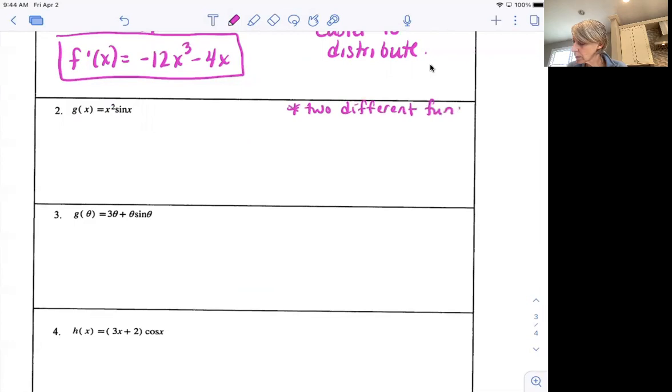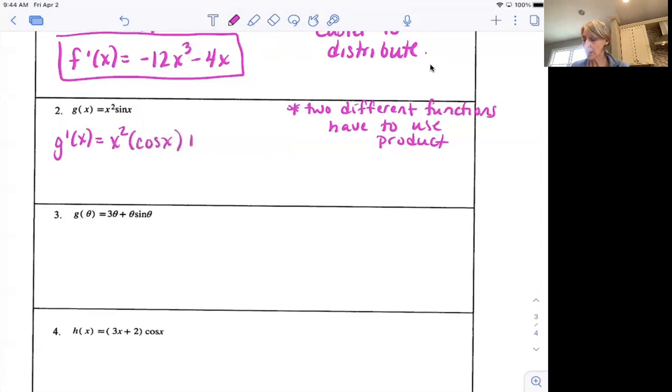Have to use it, but it's super easy. G prime of x would be the first function, x squared, times the derivative of the second, cosine x, plus the second function, sine x, times the derivative of the first.